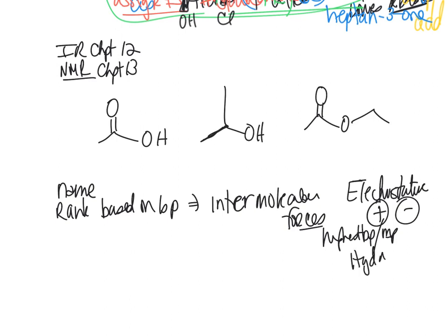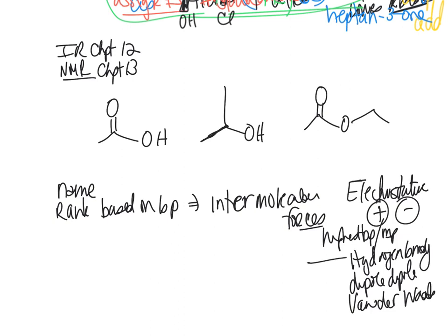Hydrogen bonding. And then you have dipole-dipole. And then you have van der Waals. And if something has hydrogen bonding, it also has dipole-dipole and van der Waals. So as you move up here, you have them all.